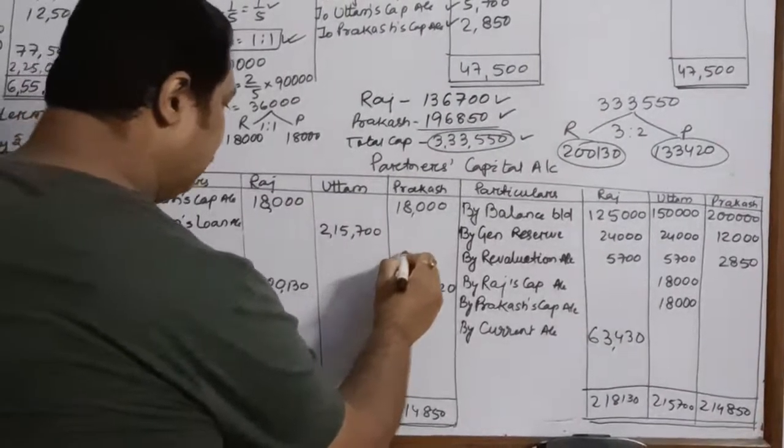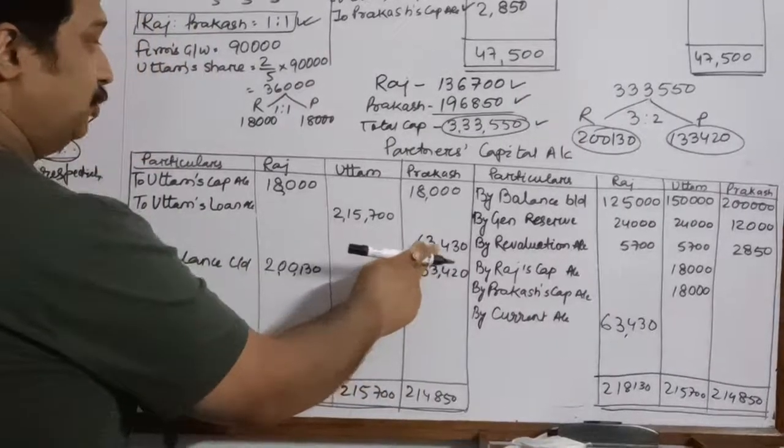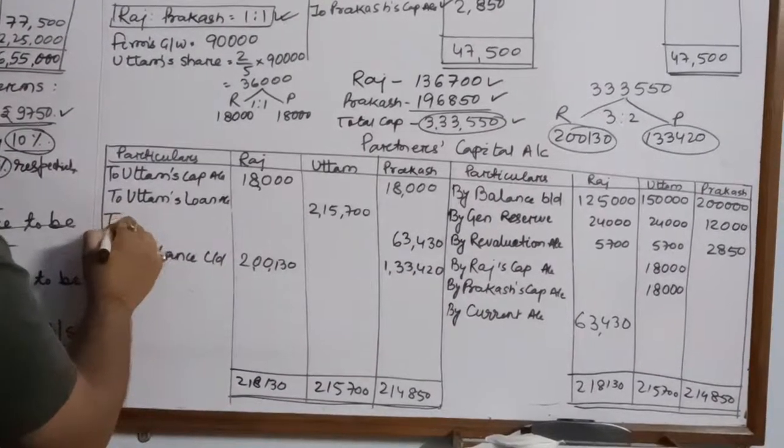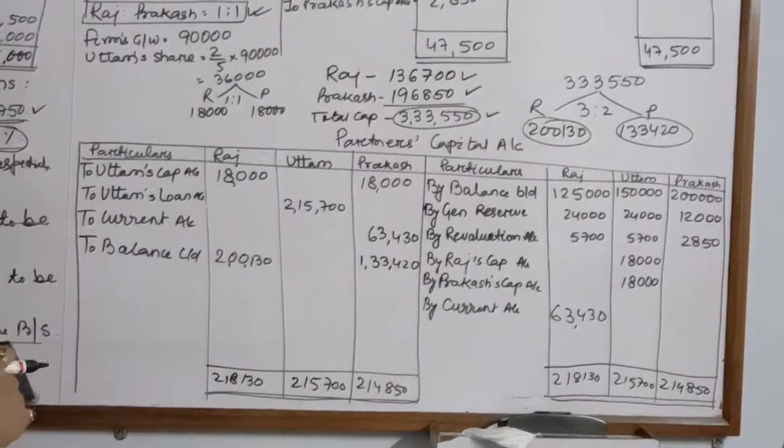So the balance is 63,430, which I will write where? In the blank which I had left, and here I will use the name current account.